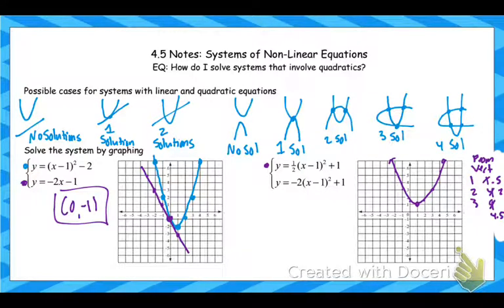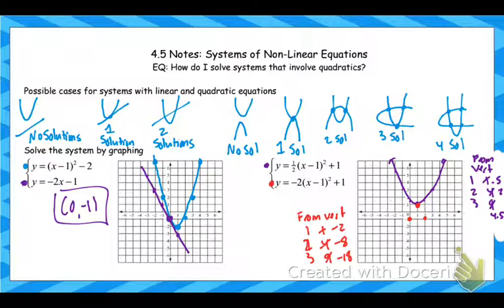The second one has a vertex of (1, 1) as well. It's going to open down, and it's also been changed from the parent function. So instead of right 1, up 1, right 2, up 4, and right 3, up 9, it's been reflected and stretched. So I would go right 1, down 2, right 2, down 8, right 3, down 18.